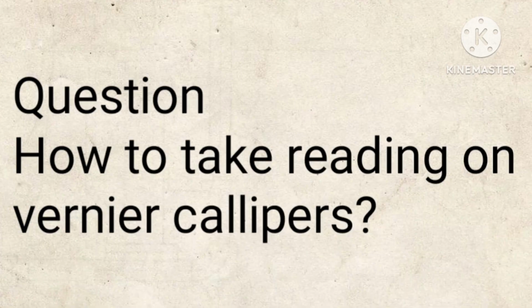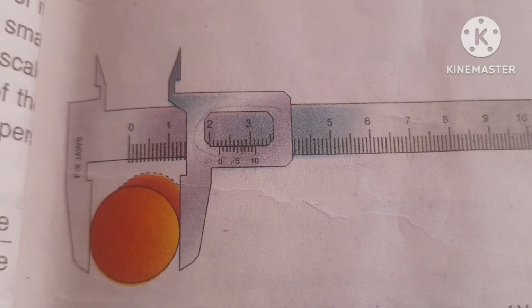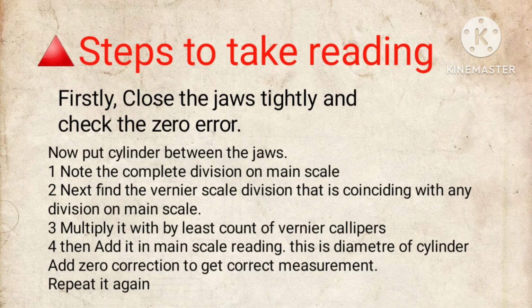Now I tell how to take the reading on vernier caliper. First step, check the zero error. Close the jaws of vernier caliper tightly and find the zero error, and if there is zero error then you can add or subtract the zero correction accordingly.